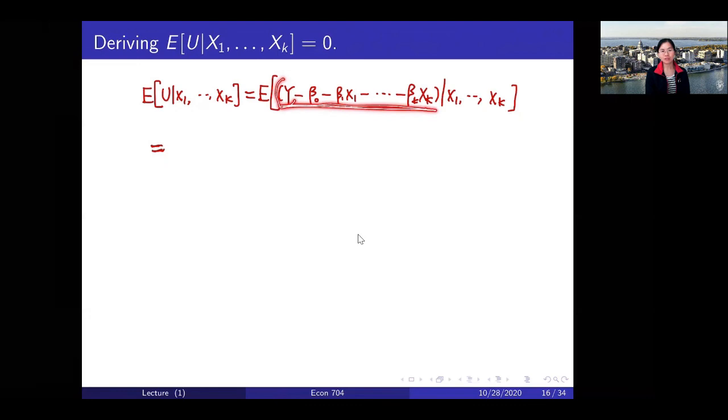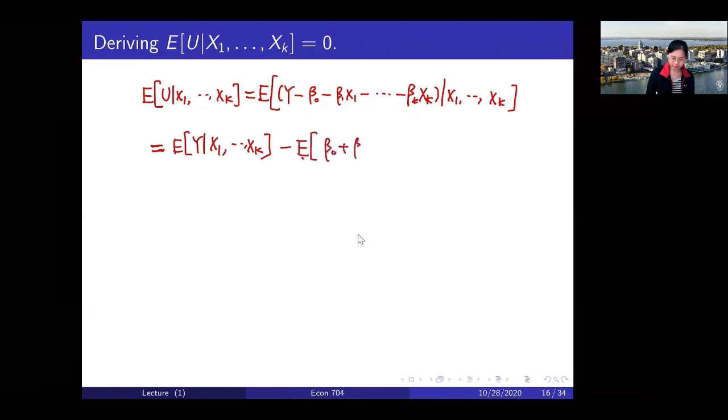So the conditional expectation of this additive quantity is the conditional expectation of y given x1 to xk, minus the expected value of beta 0 plus beta 1 x1 plus ... plus beta k xk given x1 to xk.